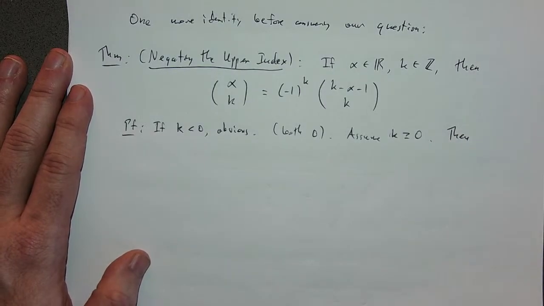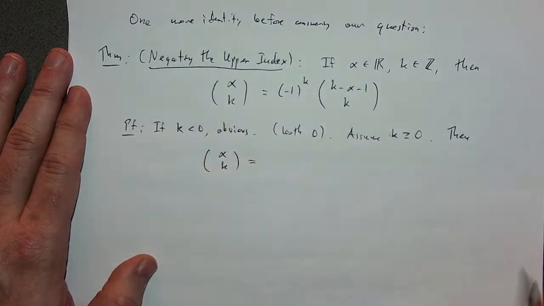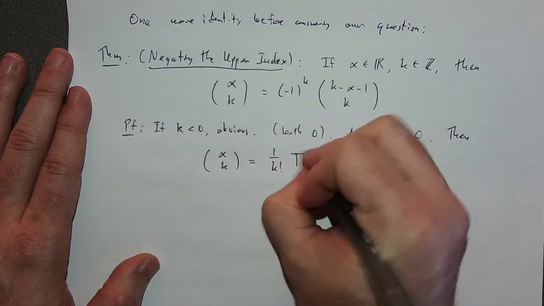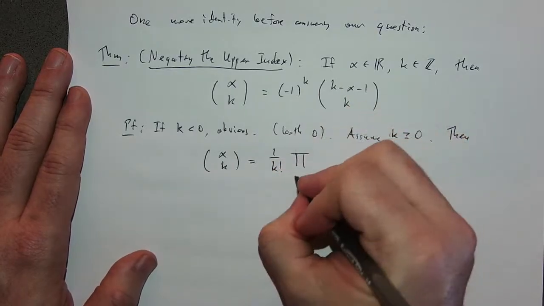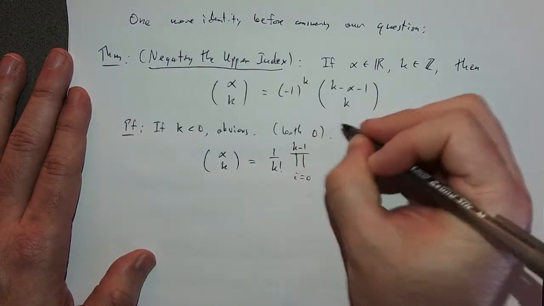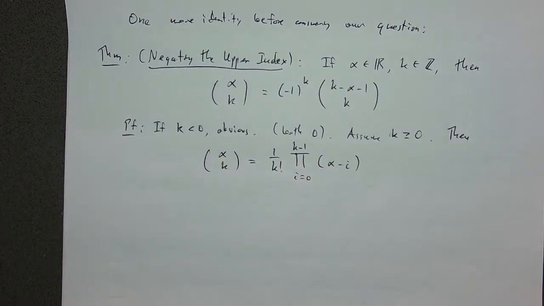Then we have the following. Alpha choose k can be written as 1 over k factorial times the product from I equals 0 to k minus 1 of alpha minus I. That is just another way of writing alpha to the k falling.